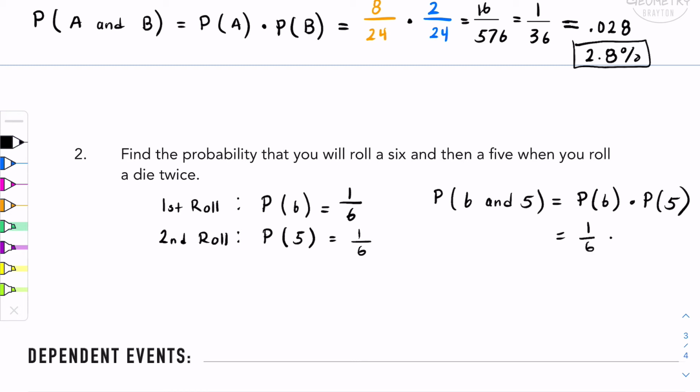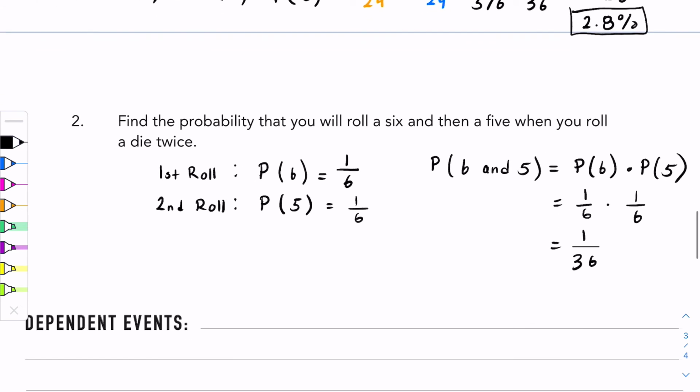Both our fractions are 1/6, so we multiply these together to give us 1 over 36, which ends up being the same as what we just had on our last answer, but this is approximately 0.028 or 2.8% chance of that happening.